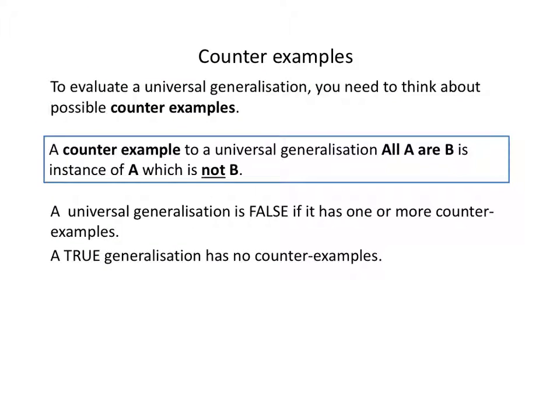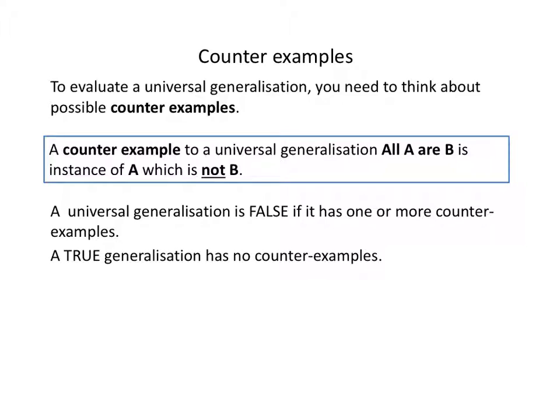So we've been talking about what a universal generalisation means and how to represent them on a certain kind of diagram. We're going to talk now about how to decide whether they're true or false, and the key idea here is the idea of a counterexample. A counterexample to a universal generalisation is a case which shows that the generalisation is false.